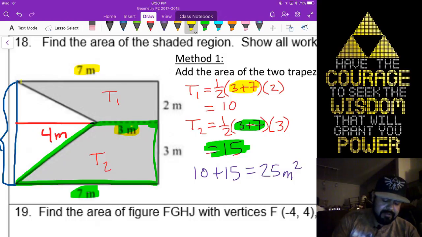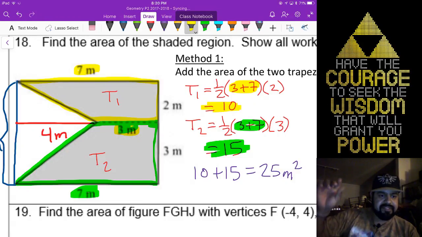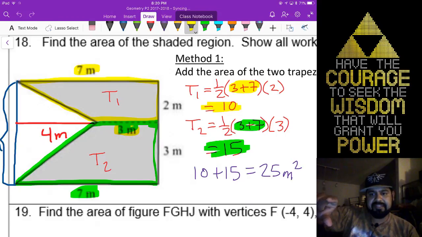And then the yellow trapezoid, which would give me this area here. And so I'm adding the two areas together. I'm not doing anything fancy with them. I'm just saying the top trapezoid has 10 units, the bottom trapezoid has 15, and so 10 plus 15 gives me my 25.